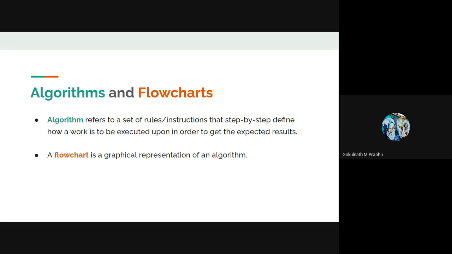So this is actually a really easy thing to understand, these flowcharts, because they are graphical in nature, and we can actually understand it quite easily, because we can see the way in which the flow goes, right? So there will be some instructions and all, and we'll be relating them using arrows and all. We'll be talking about that later on in this meet. So a flowchart is a graphical representation of the algorithm. That's basically what it means.